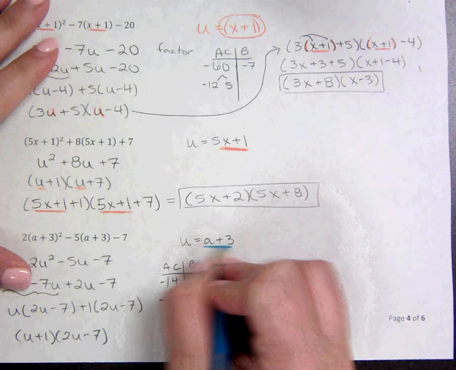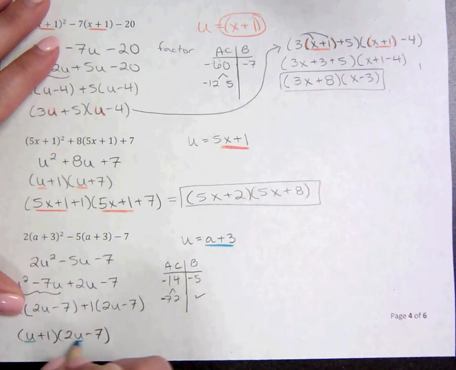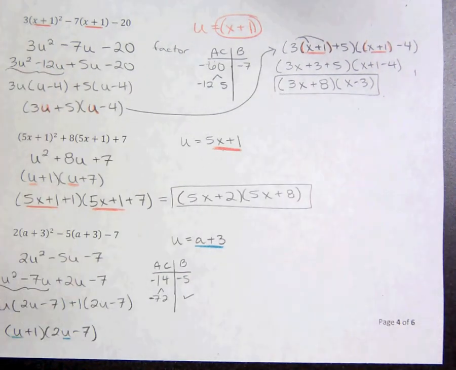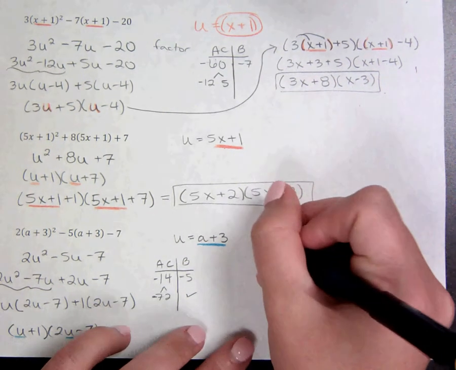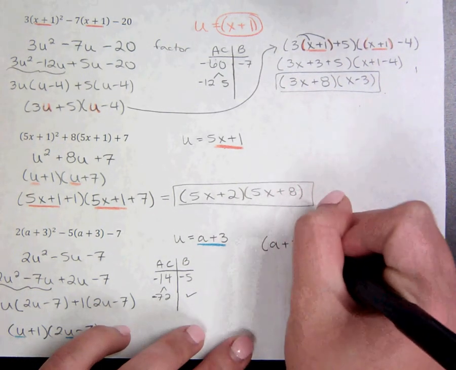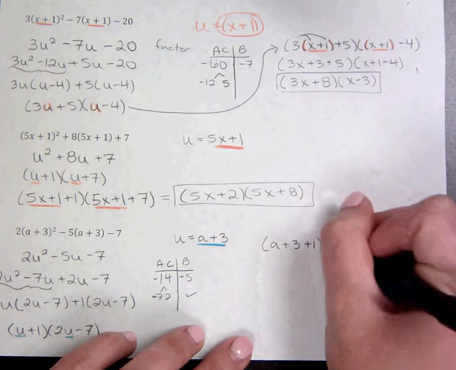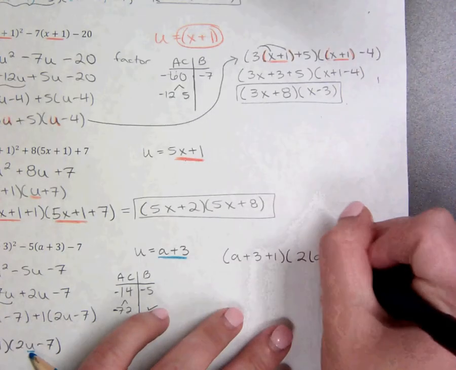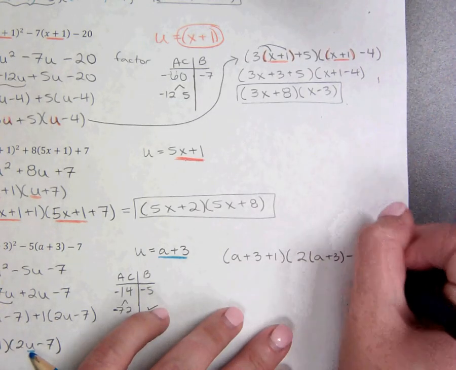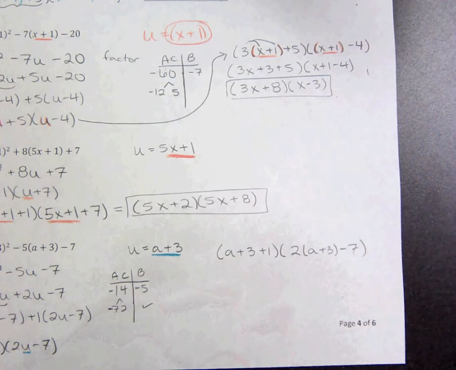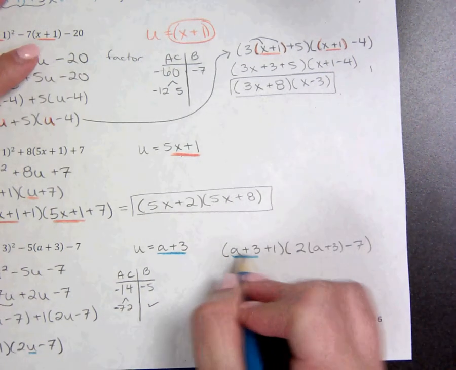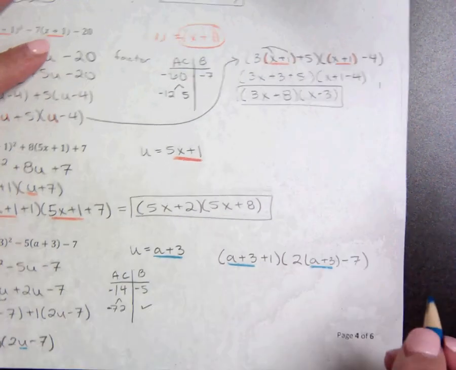So I'm going to replace this u and this u with a plus 3. So that's going to give me a plus 3 plus 1 and 2 times a plus 3 minus 7. So I replaced a plus 3 and a plus 3.